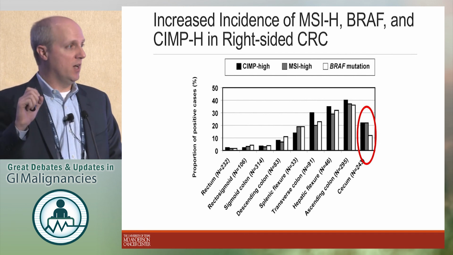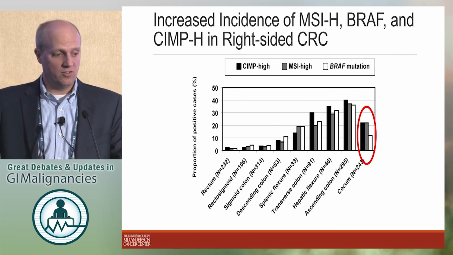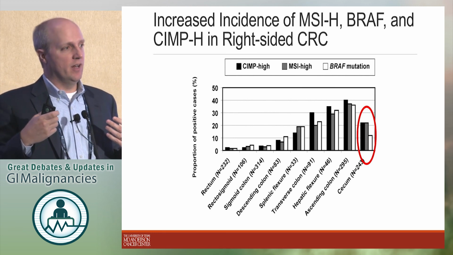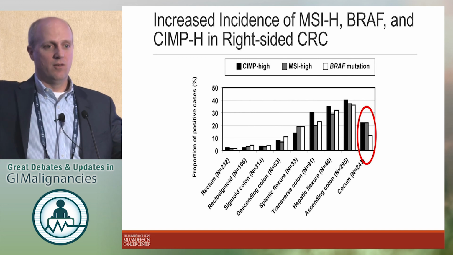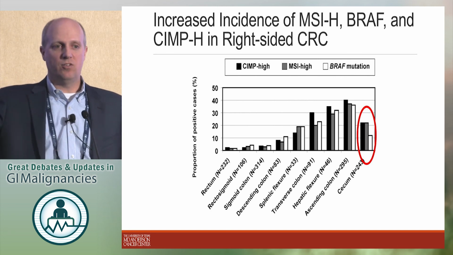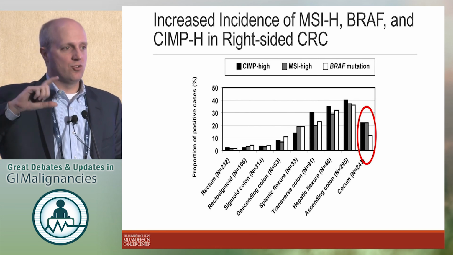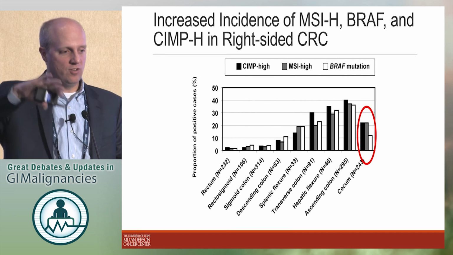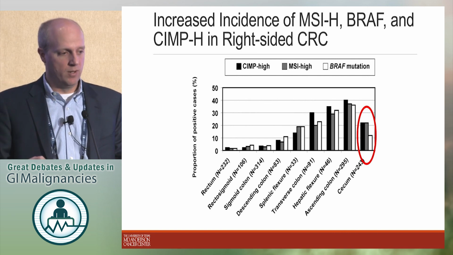Now, for the aficionados in the audience, I circled the cecum because I think it's important to recognize that it's not just a linear effect from the rectum to the cecum, but that the cecal cancers are actually starting to look a little different from those in the ascending colon. And you can see a bit of a drop-off there of the CIMP tumors.